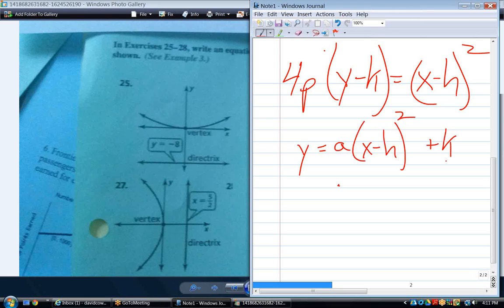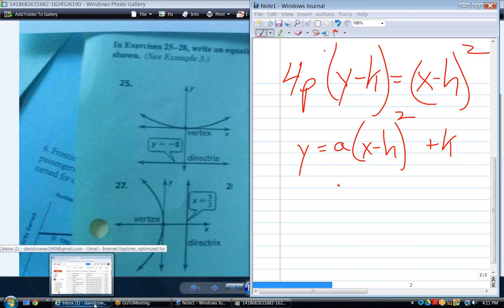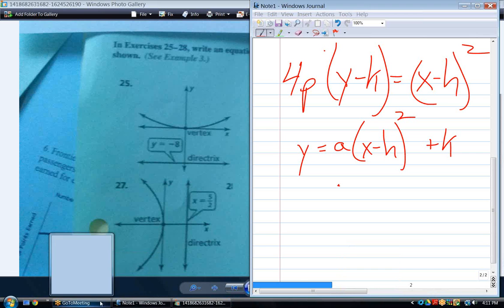I don't see it. Okay, wait a second. See if you do. Tell me when you see the vertex format. Let me close this program out. That might help a little bit. Let me close that out. That should help a little bit.